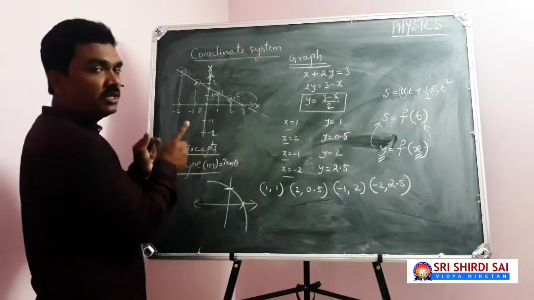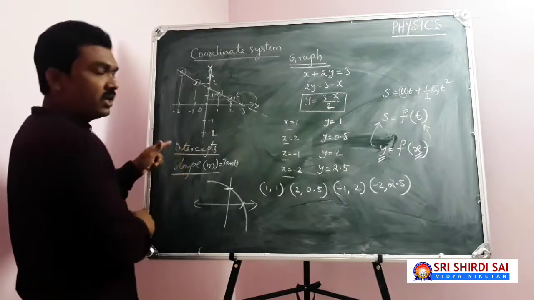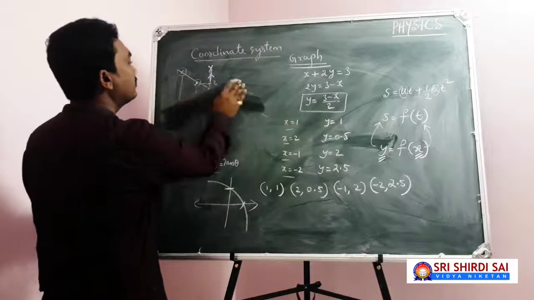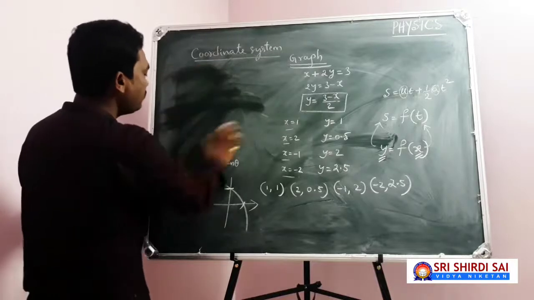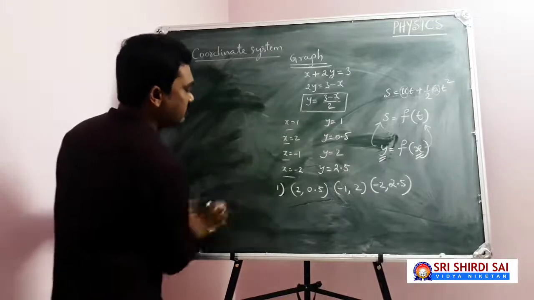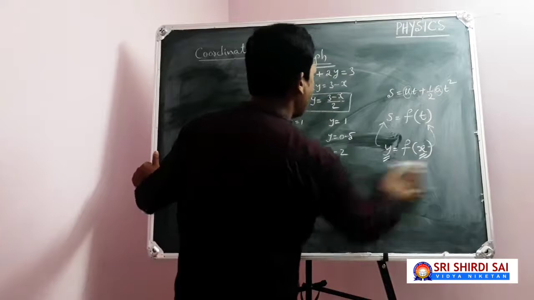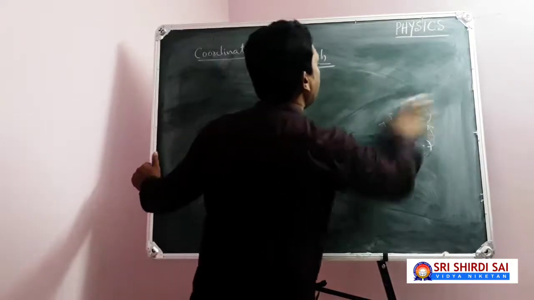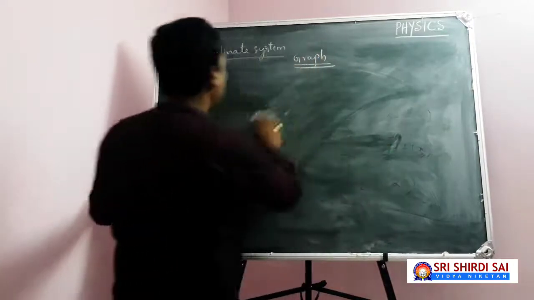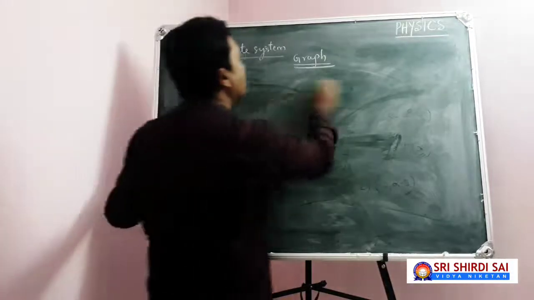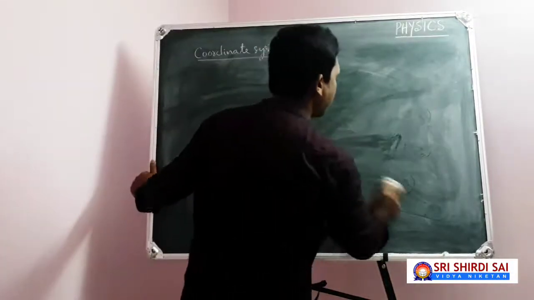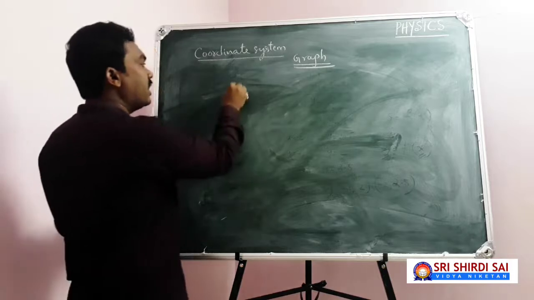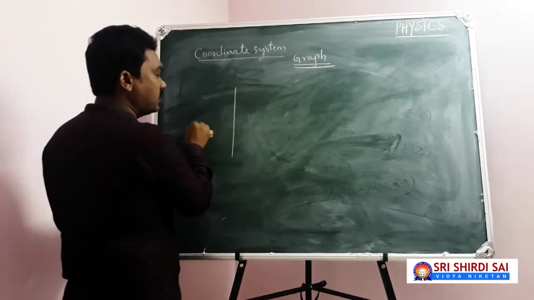So you have got what is meant by a graph and what the intercepts are. We discuss a little more. Especially here we do concentrate. If the graph is a straight line, how do we come across the slope? If the graph is a curve, how do we come across the slope?